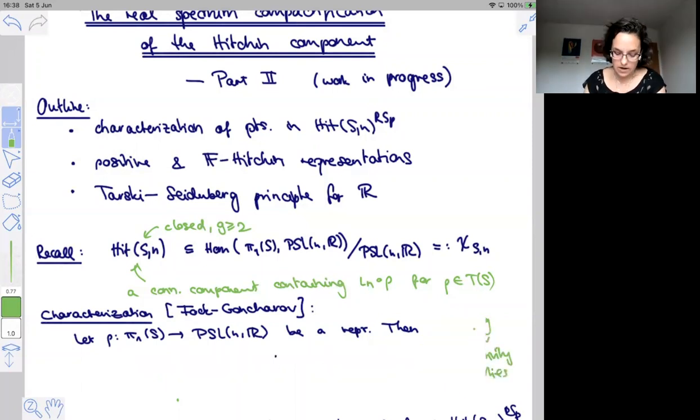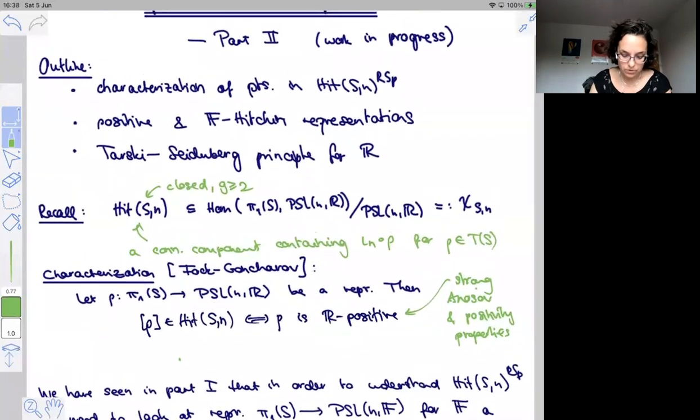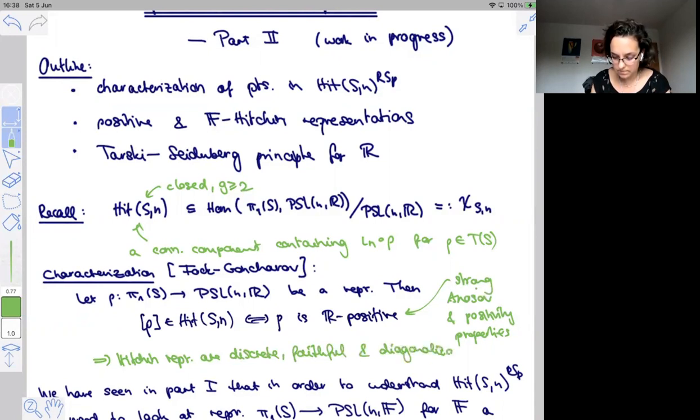And in particular, this allows us to prove that Hitchin representations are discrete, faithful, and diagonalizable. And we've seen this already for Teichmüller space, namely by definition, these were all discrete and faithful representations into PSL2R.